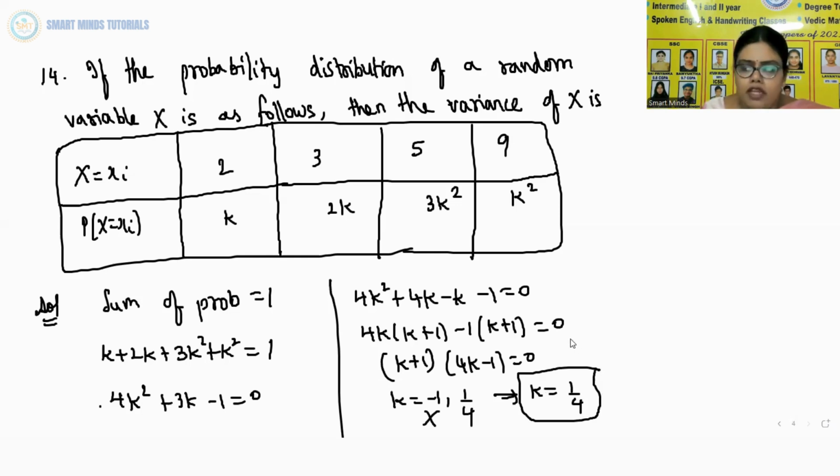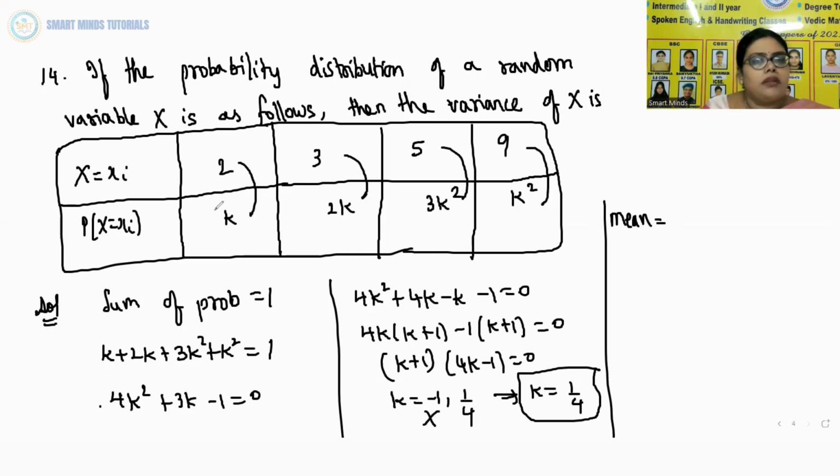So you got the k value first. After getting the k value, we will find out the mean. Now, how do you find the mean? You multiply these two, these two, these two, and these two, and you add them. So this is 2k plus 6k plus 15k square plus 9k square.